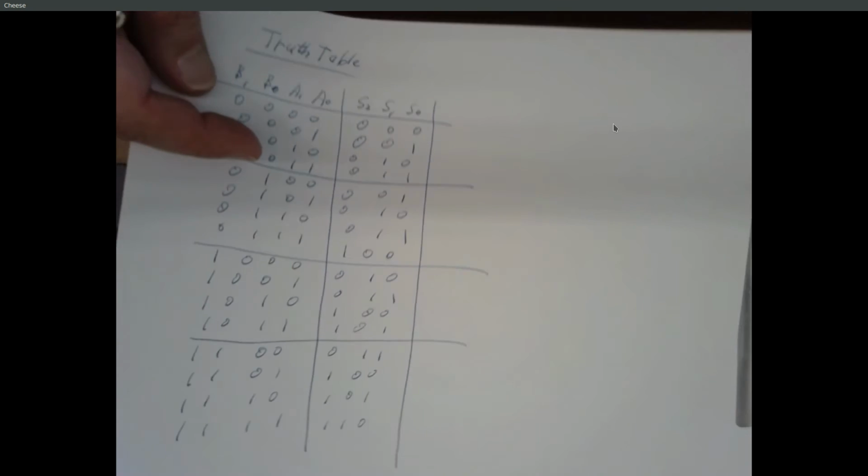Two products of sums or something. At this point, I'm very confused. Are we doing sum of products or product of sums for this one? Up to you, either or. Most people are probably doing sum of products. Okay.